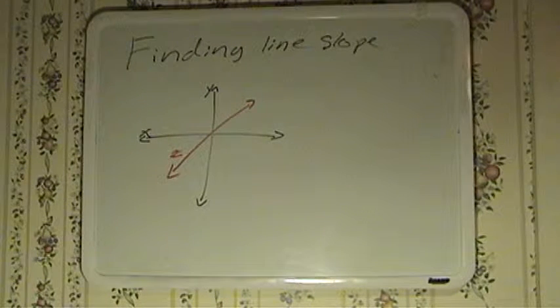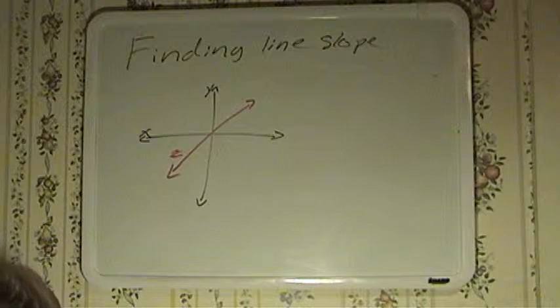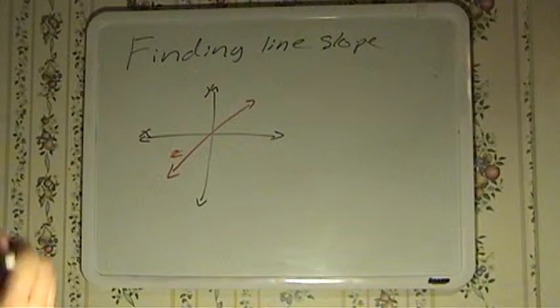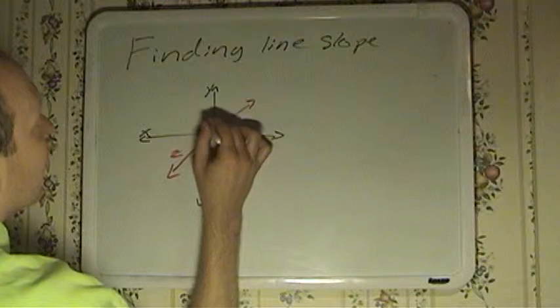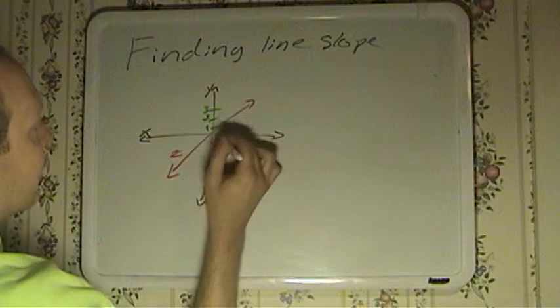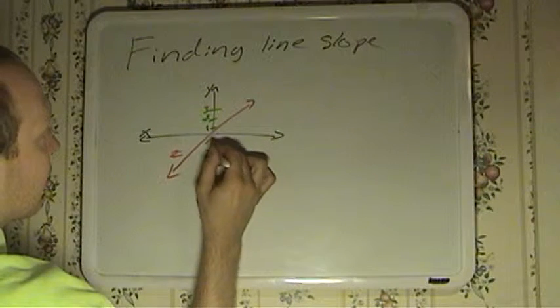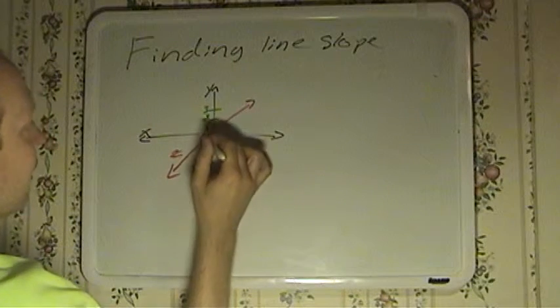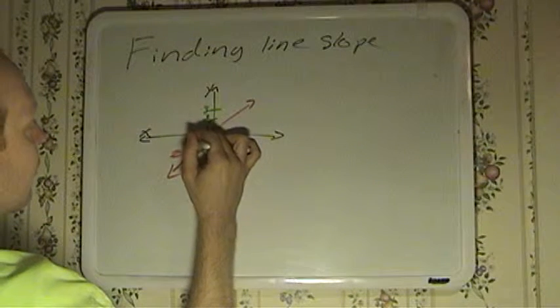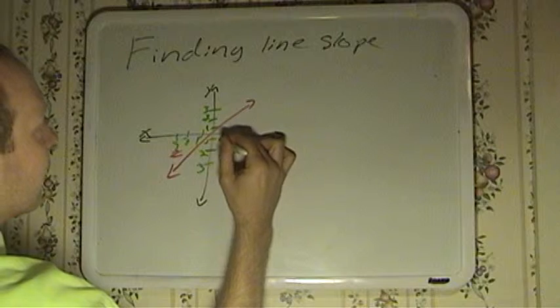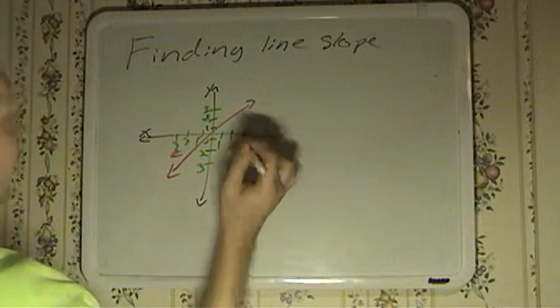And we're going to put a couple little tick marks in here. Green's a good color. We'll call that 1, 2, 3, just like your typical -1, -2, -3, just like a regular graph.